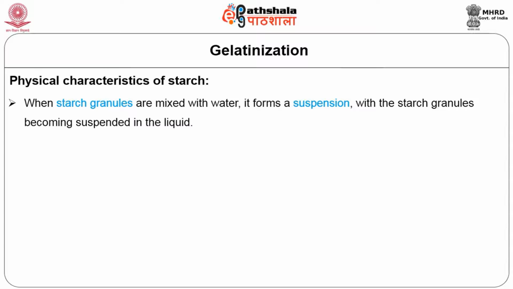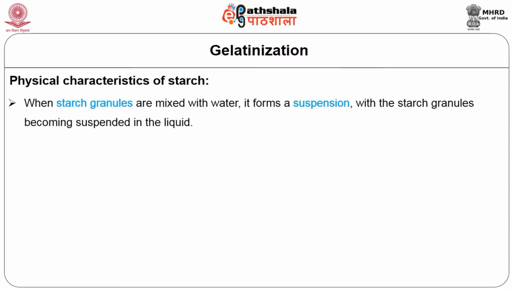We have to know the quality of the starch, the content of carbohydrate, the content of fiber, and the amount of protein which is also present. Based on these factors, the time that starch takes to undergo this change and the temperature at which it takes place will vary for different types of starches.